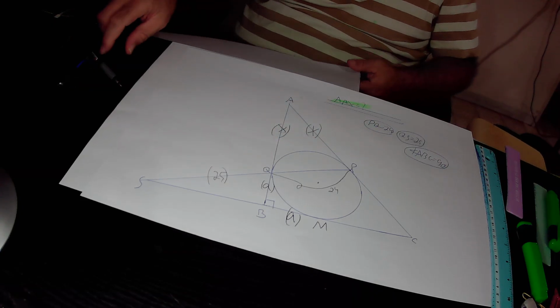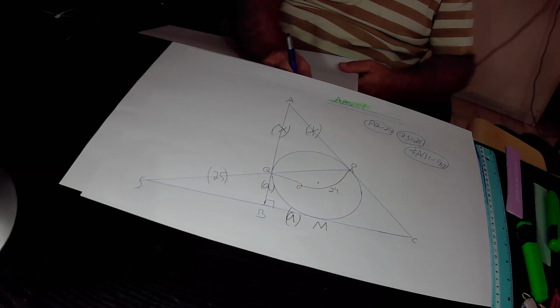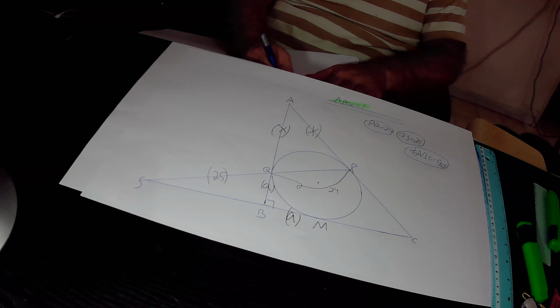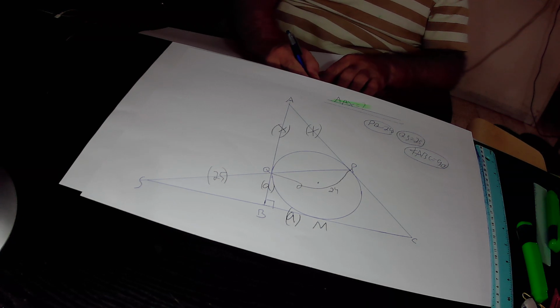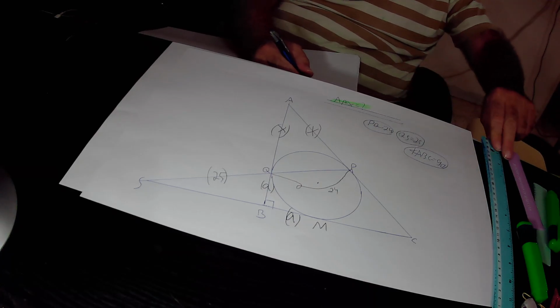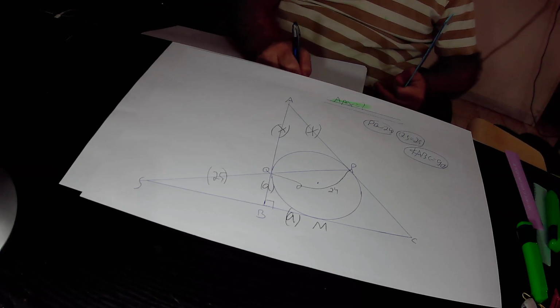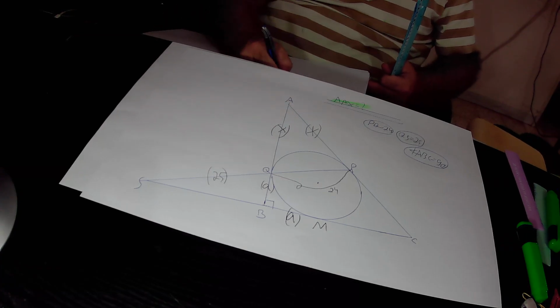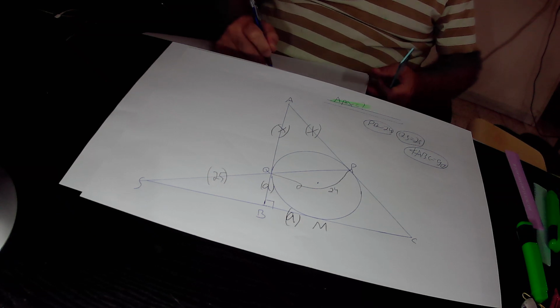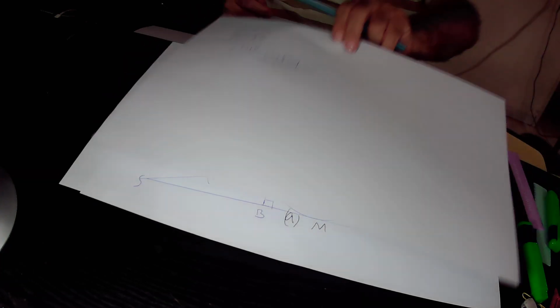So write it down. If we focus on the common start point S, according to rule 10, the following equation is true: SM squared, that is the square of the tangent, equals SQ times SP.